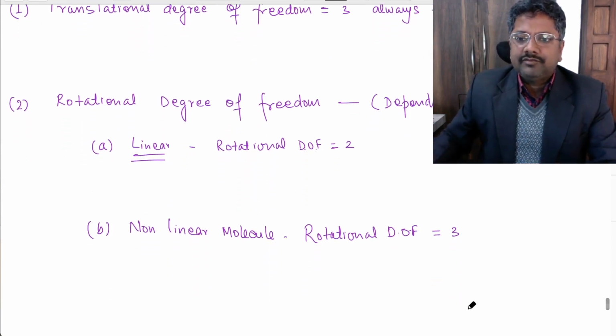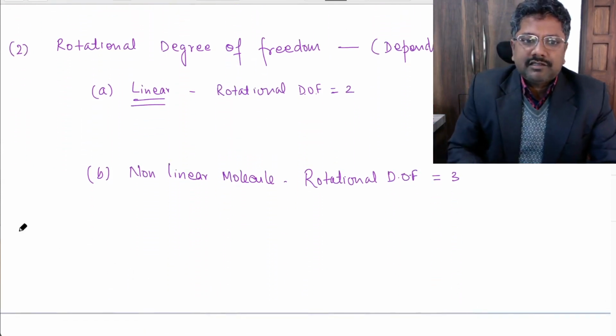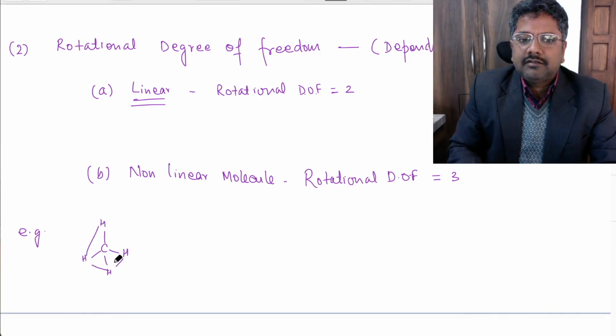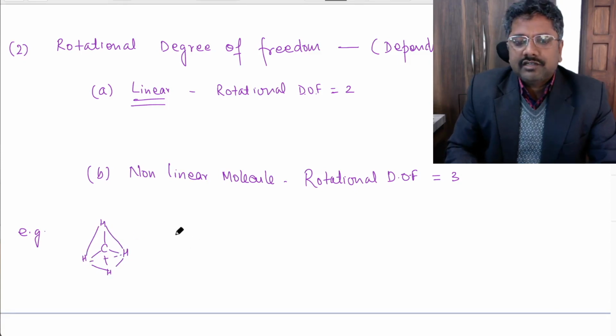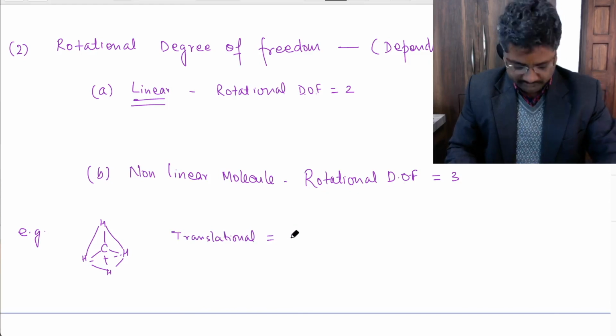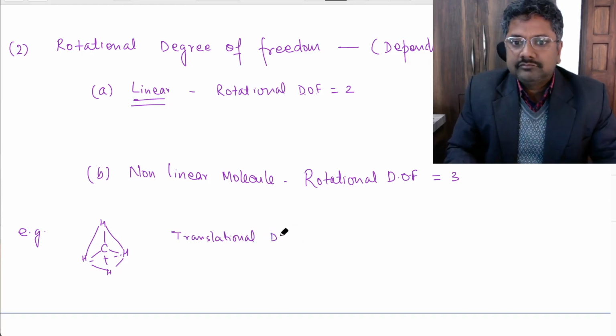For example, if you take methane, which is a tetrahedral molecule like this, translational degree of freedom is equal to 3.